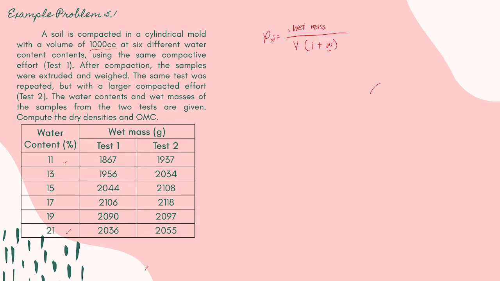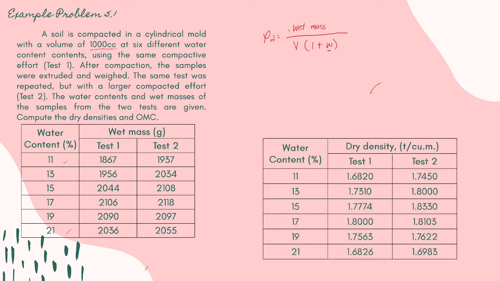After that, you will get the dry densities for each test and for each corresponding water content. This is the first part of the question.